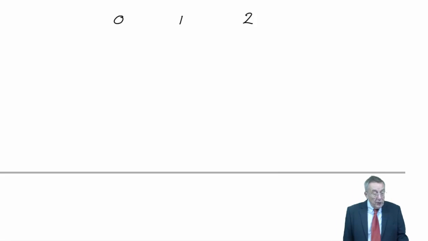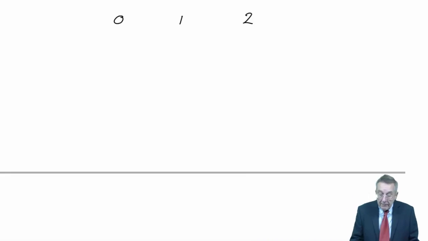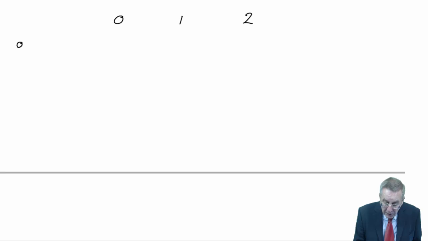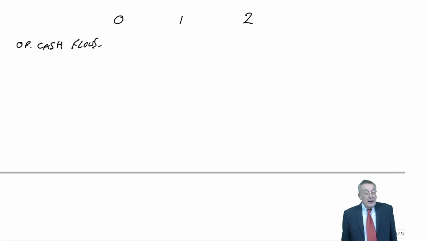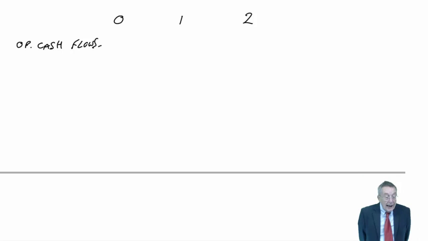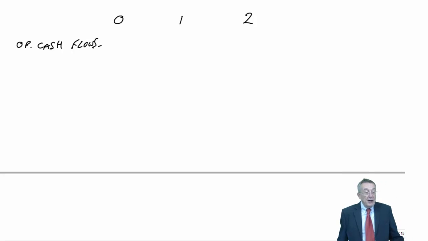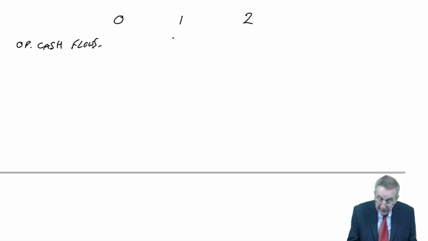And let's work through. First of all, let's write down the operating cash flows and watch the order I do it in. The operating cash flows, third sentence, it's expected to generate net operating cash flows of 5,000 in the first year, 7,000 in the second.